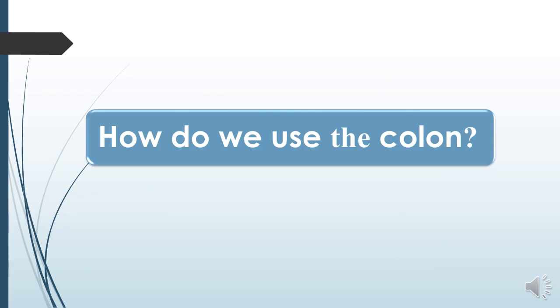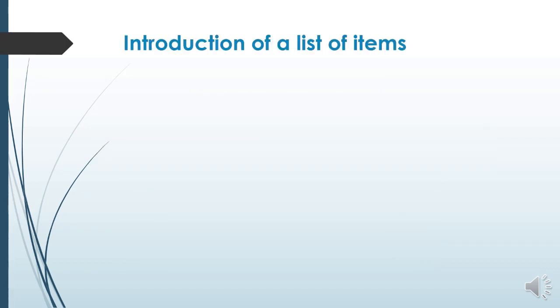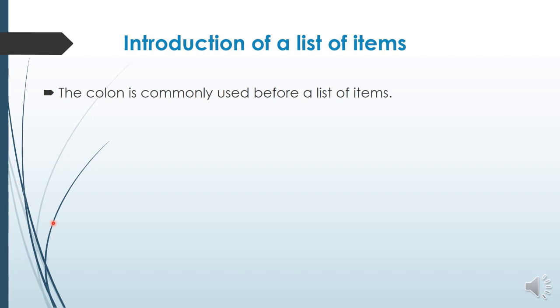How do we use the colon? One way we can use the colon is to introduce a list of items. The colon is commonly used before a list of items. That is one of the very common uses.